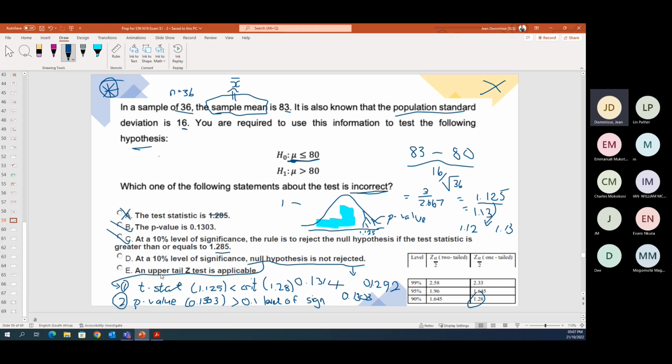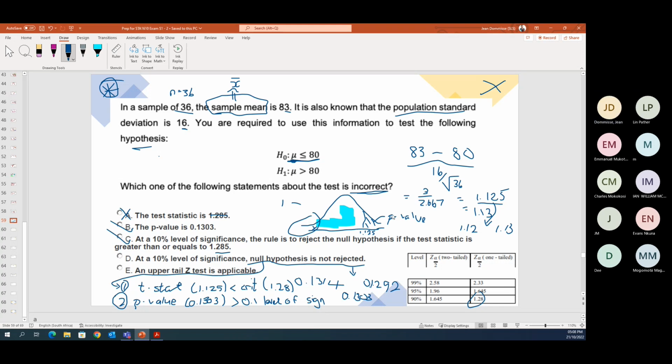And then an upper tail Z test is applicable. That is an upper test. If it was negative, that should have been also identification. If it's negative, it will be a lower tail. So what they can also say is a right tail or a left tail.